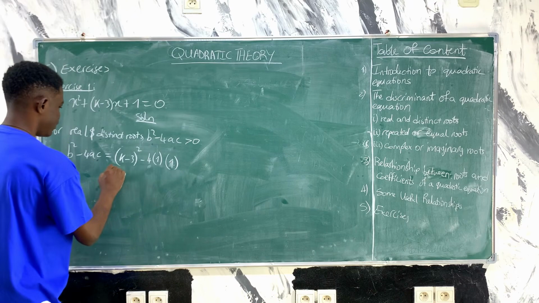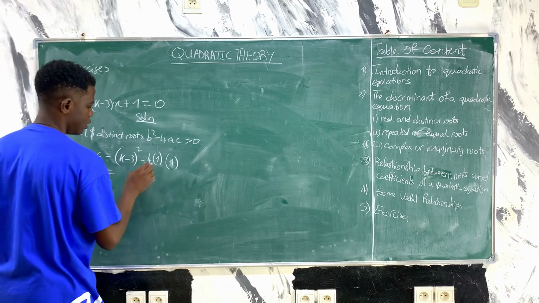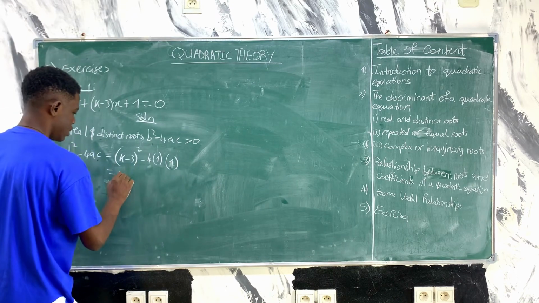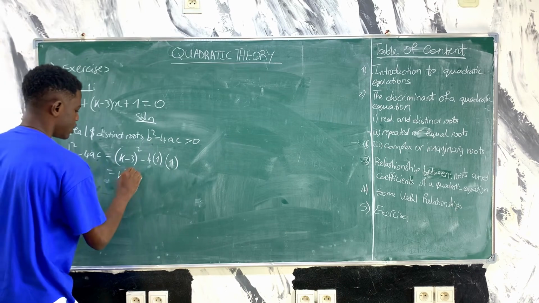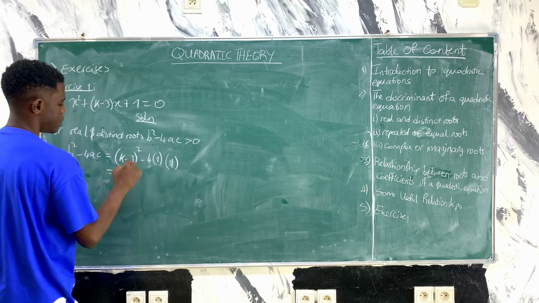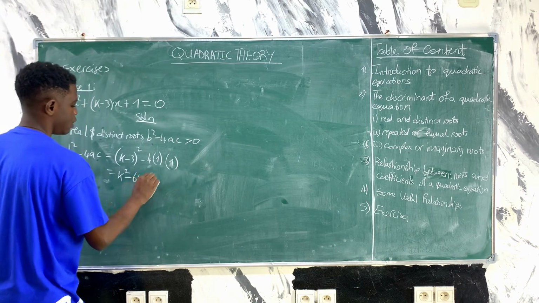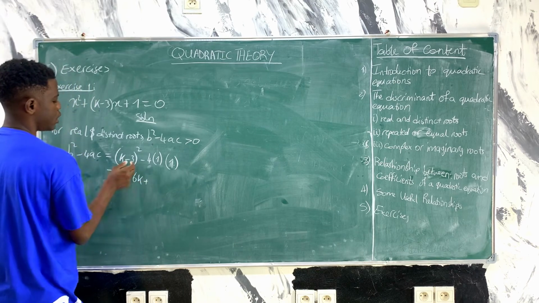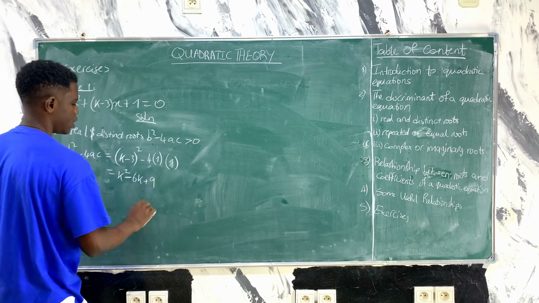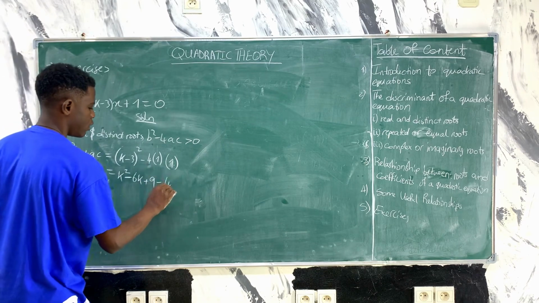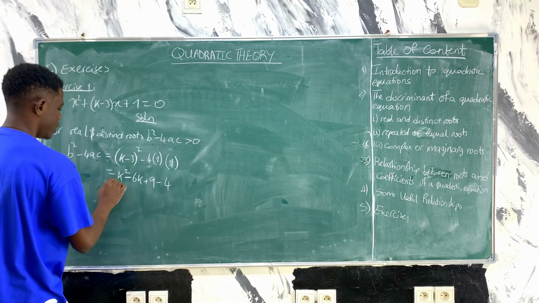So you have this as just minus 4. Let's expand this. We are going to have k squared minus 6k plus 9, then minus 4 times 1, which is 4.